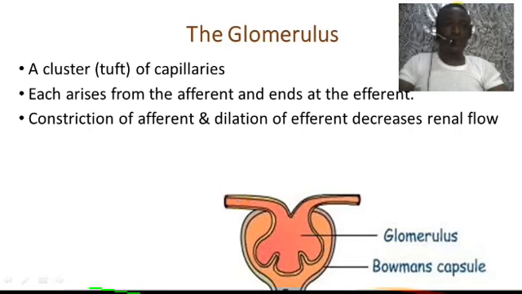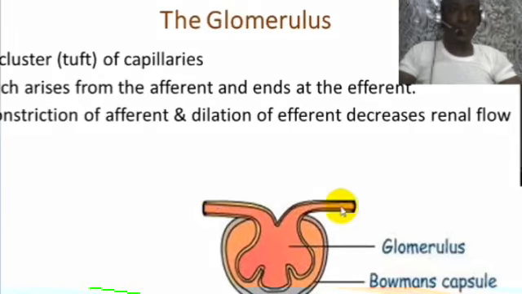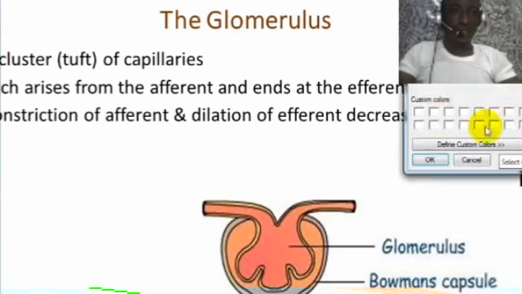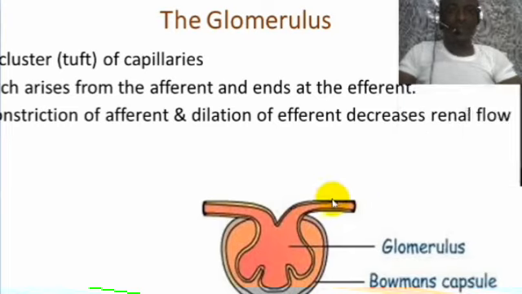If this part of the nephron is constricted, this is the afferent arteriole. Remember, afferent. Once it is constricted or occluded, somewhere here, the renal blood flow decreases.